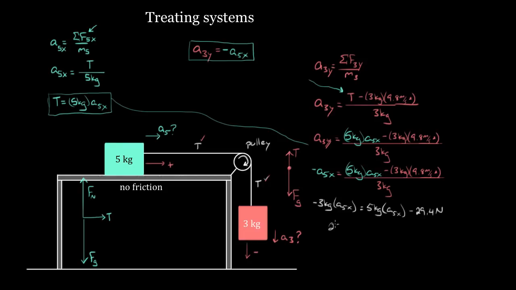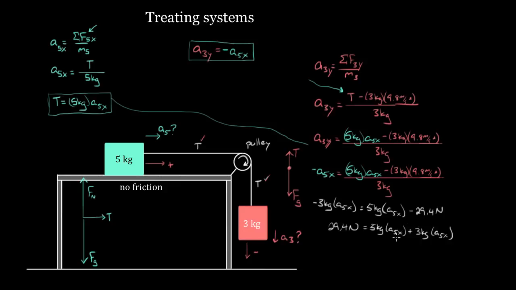So I'll get the 29.4 newtons over here with a positive if I add it to both sides, and it'll disappear on the right-hand side. And then I'll add this term to both sides, I'll add a positive 3 kilograms times a to both sides. It'll disappear on the left, and I'll get 5 kilograms times a5 in the x direction plus 3 kilograms times a5 in the x direction.